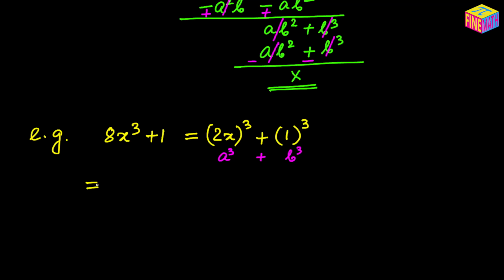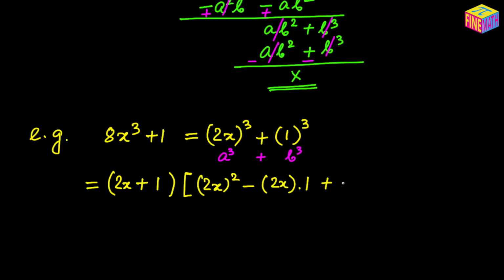Well, from here we'll say okay, then the first factor would be a plus b. So what is our a? Well, our a is actually 2 times x, that is our a, and what is the b? B is 1, so that is a plus b times we have a squared. Now for a squared, can we write it as 2x whole squared? This is our a squared minus ab, so minus ab, a is 2 times x, and then plus b squared which is 1 squared, that is our second factor.